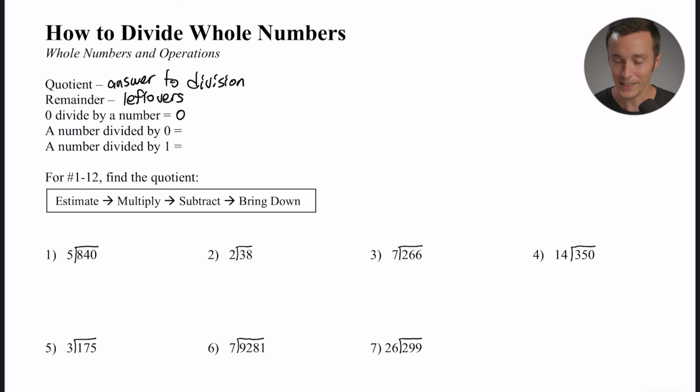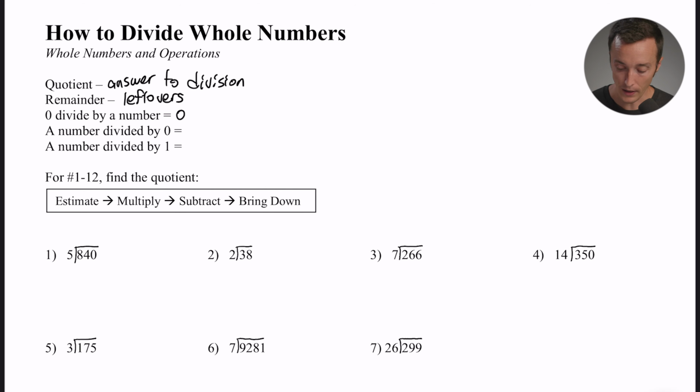Well, what about if we flip that? What if we do a number divided by 0? Well, you're actually not allowed to do this. And if you have a calculator, you can pick your favorite number and divide by 0, and it'll say something like divide by 0 error, or syntax error, or something like that. So you're actually not allowed to divide by 0, unless, of course, you're Chuck Norris.